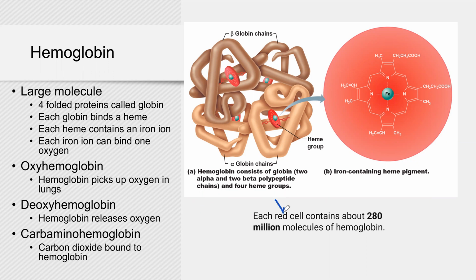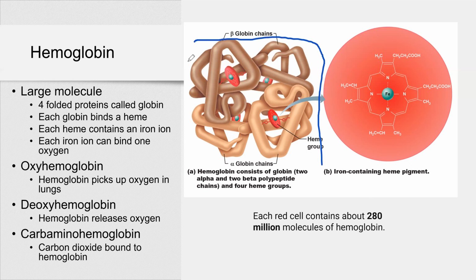Each red cell includes about 280 million molecules of hemoglobin. That's a lot, right? You have about 5 million red blood cells in 1 microliter, and within every red blood cell, about 280 million molecules of hemoglobin.